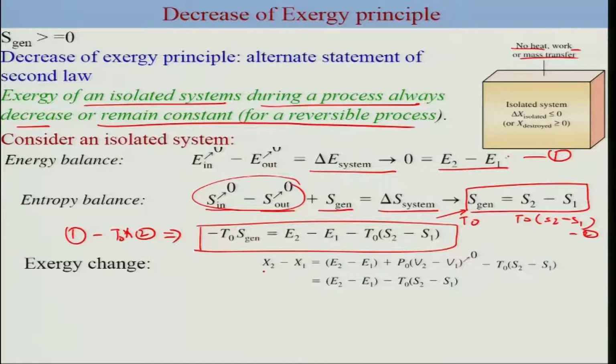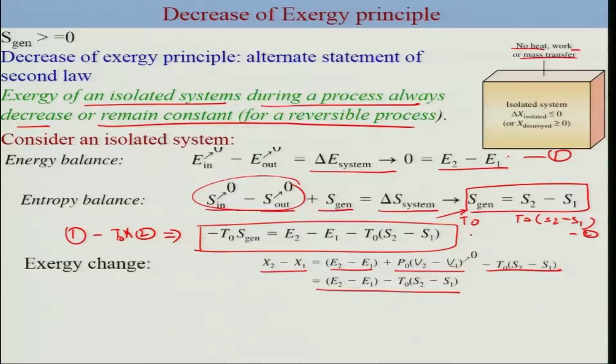Now, based on the definition of exergy, the exergy change is simply E2 minus E1 plus P0 (V2 minus V1), and considering this is an isolated system, which essentially means that V2 minus V1 is 0, then you have this term minus T0 delta S. Now after eliminating this term, what you get is this.